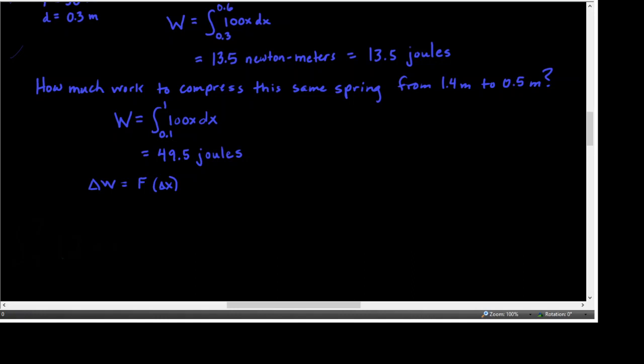And so we considered, for that small change in distance, we could assume that the force would be relatively constant. So we could treat it as a constant over that small delta x and get the amount of work that's done as if that F were constant. For a small delta x, we can make that assumption.